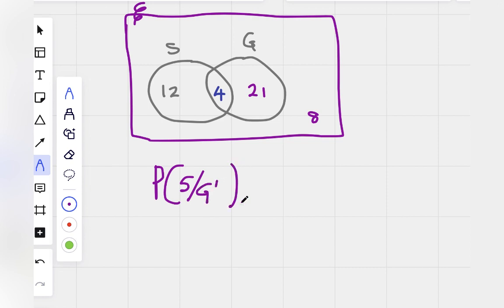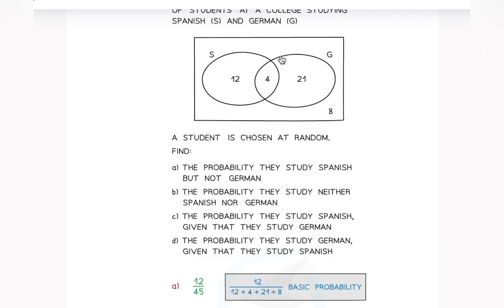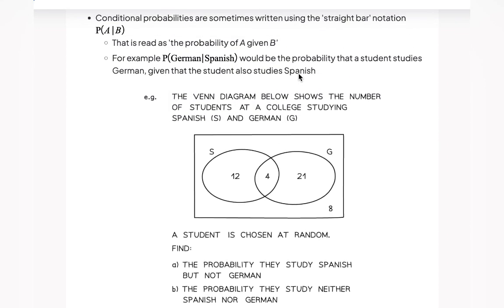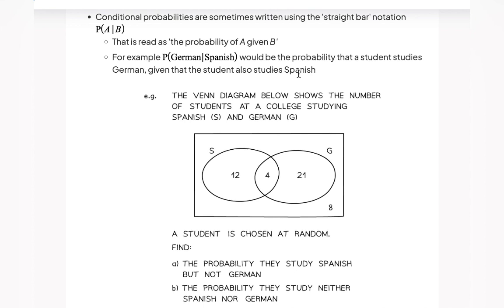So this probability will be the number of students who do Spanish only, which is 12, over the total number of students. The question should have given us the total number of students. Even if it did not, we can sum up everything: 12 plus 4 plus 21 plus 8. That will give us the total number of students.